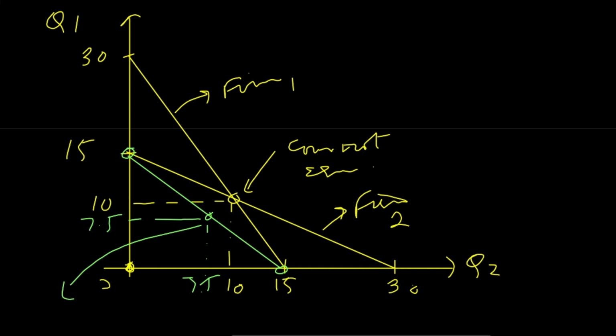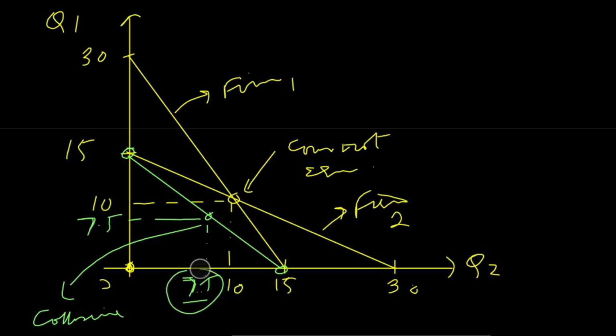This is the collusive equilibrium, and as per the collusive equilibrium, the quantity of q1 and q2 will be 7.5. This is 7.5, and this is also 7.5.